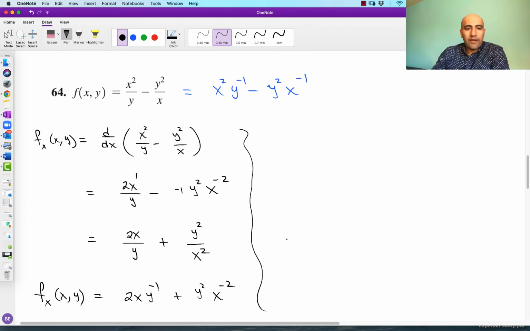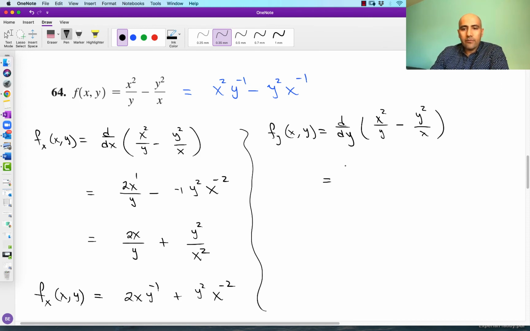Now let's do the one with respect to y. So f sub y of x comma y is equal to the derivative with respect to y on the function x squared y to the minus 1 power. I'll write it this way: d/dy of x squared over y minus y squared over x, which is convenient to think of as x squared y to the minus 1 minus y squared x to the minus 1.